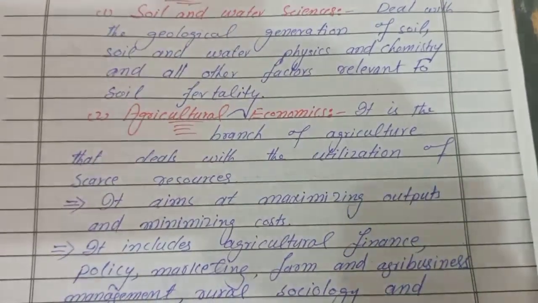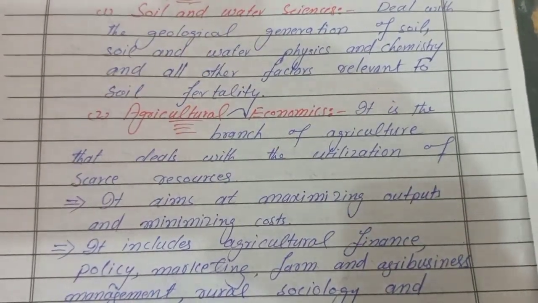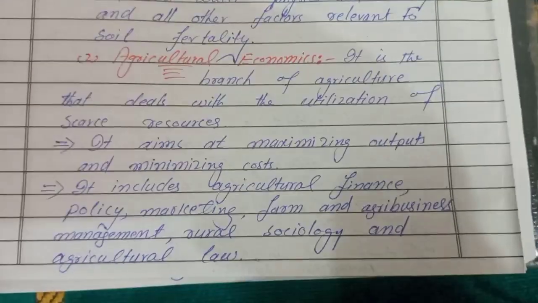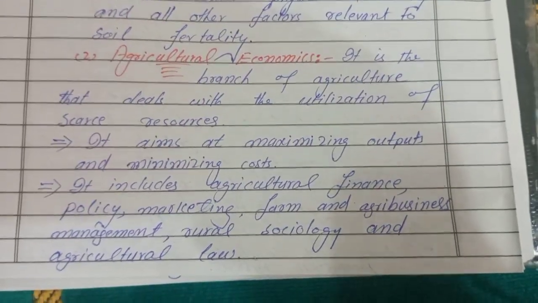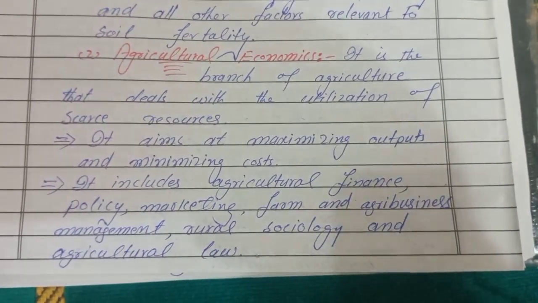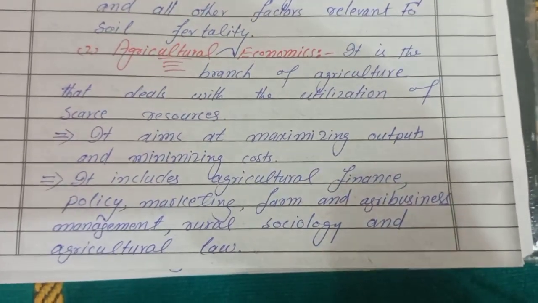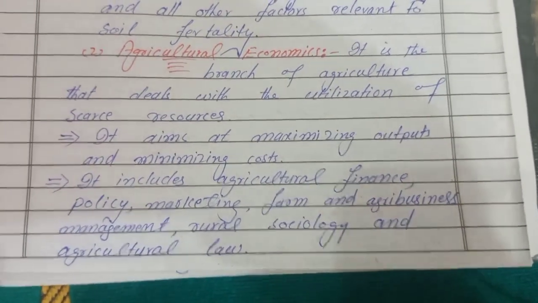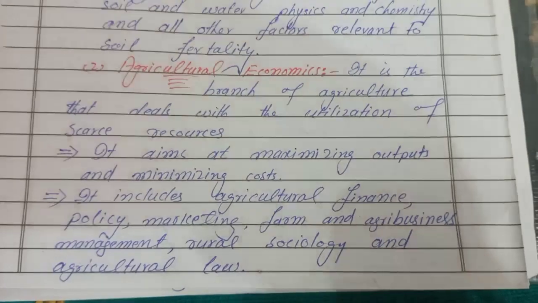It is the branch of agriculture that deals with the utilization of scarce resources. It aims at maximizing outputs and minimizing costs. It includes agricultural finance, policy, marketing, farm and agribusiness management, rural sociology, and agricultural law.